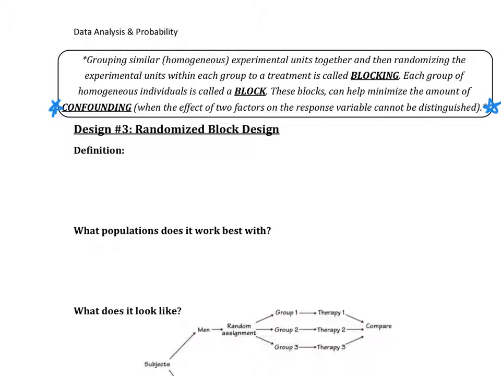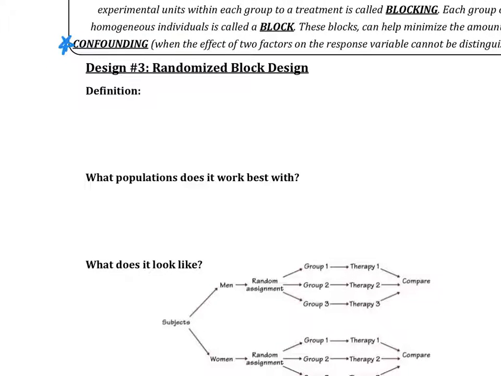on your response variable. All right, so the definition, randomized block design, is where you divide your population into blocks, something they have in common.